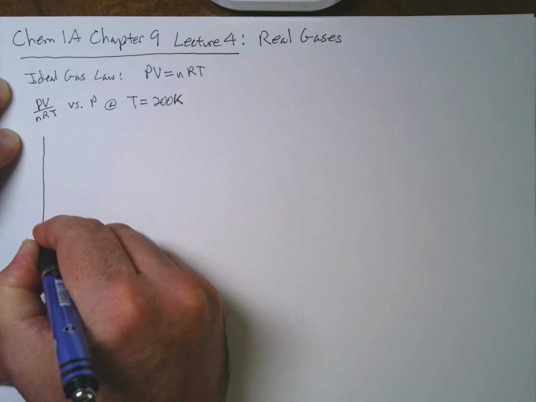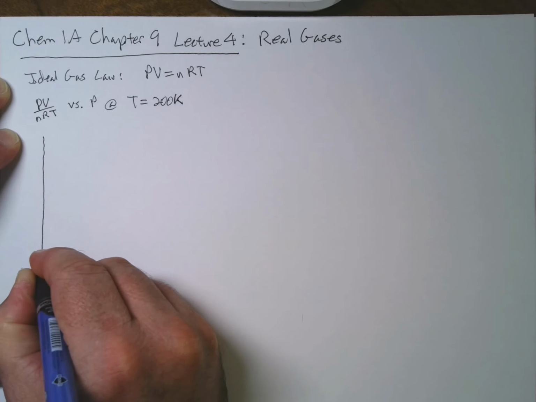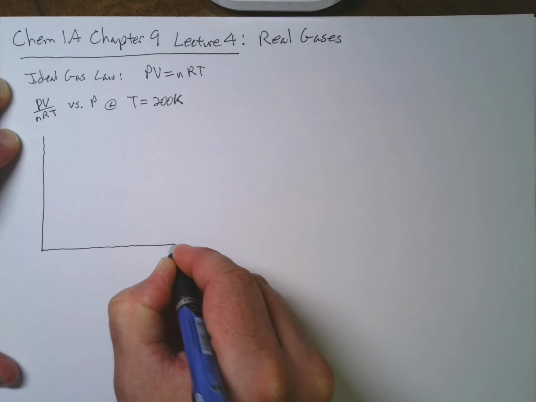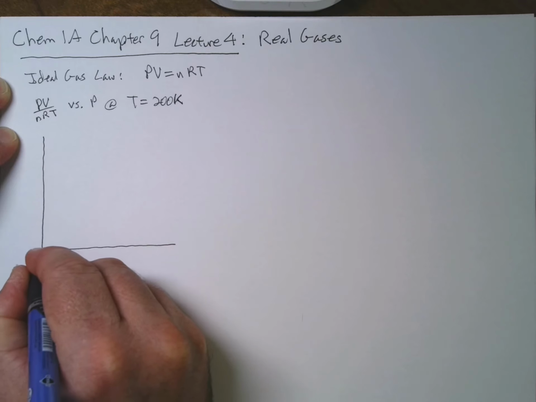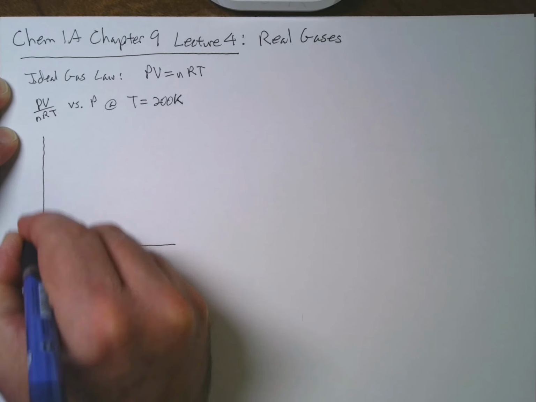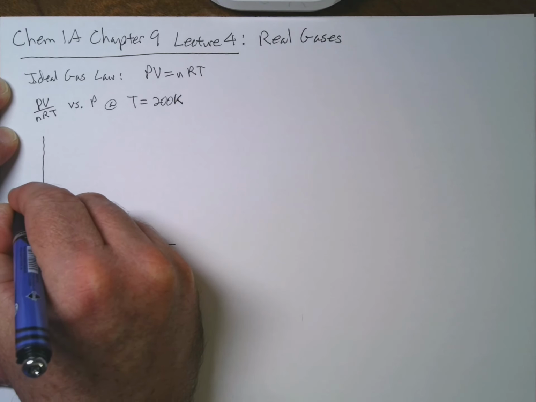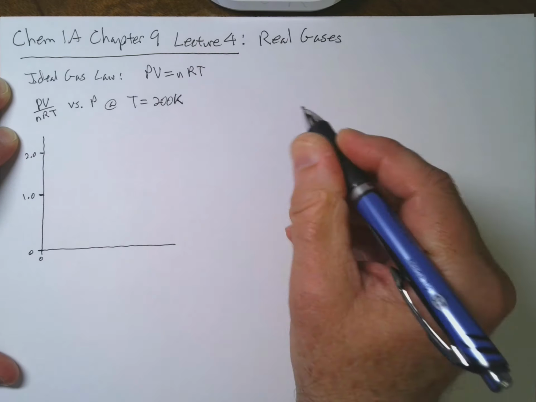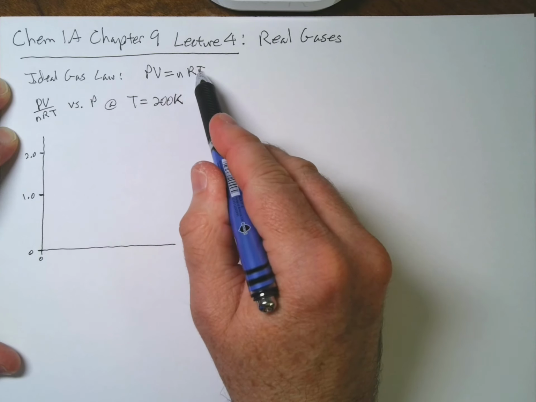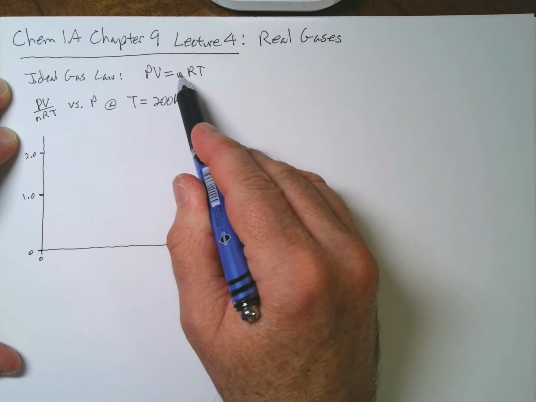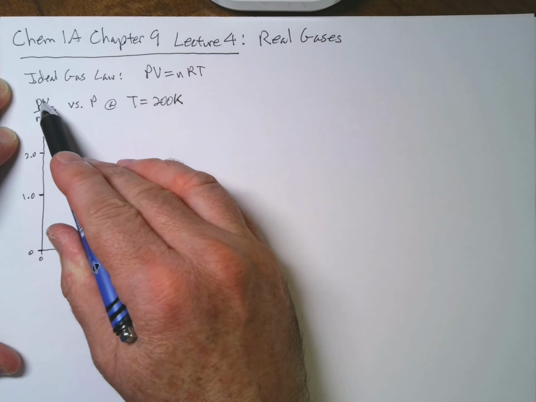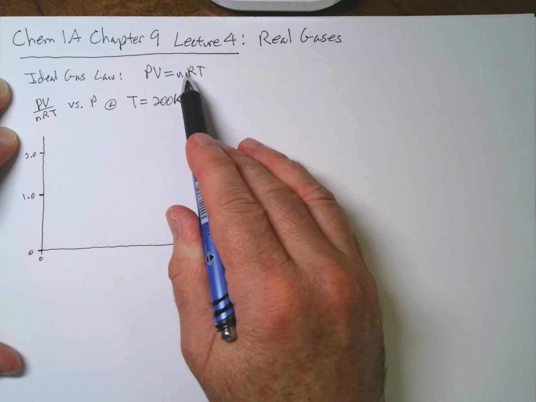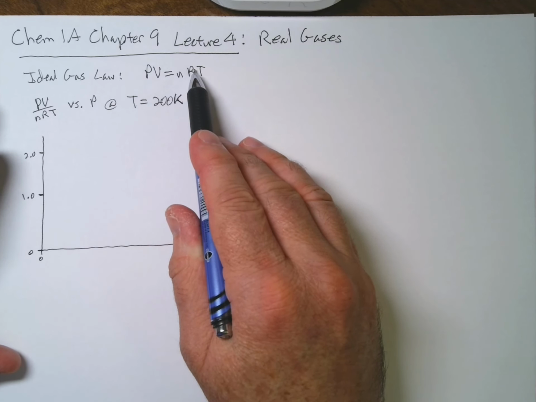Now, why are we doing this? Well, let's do 0, 1.0, 2.0. Since PV equals nRT, if I divide both sides by nRT, I end up with PV over nRT on one side, but I have 1 on this side.